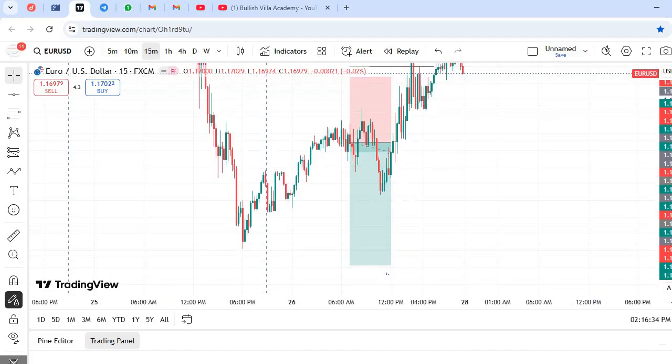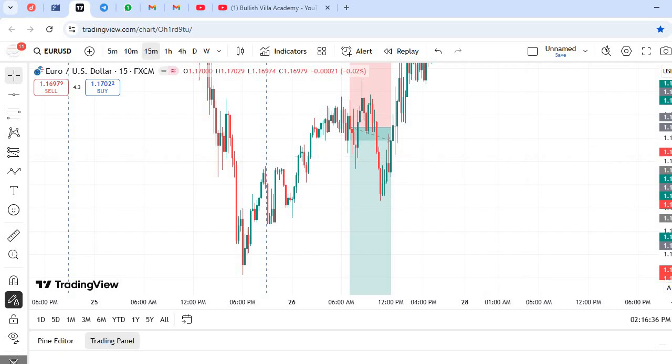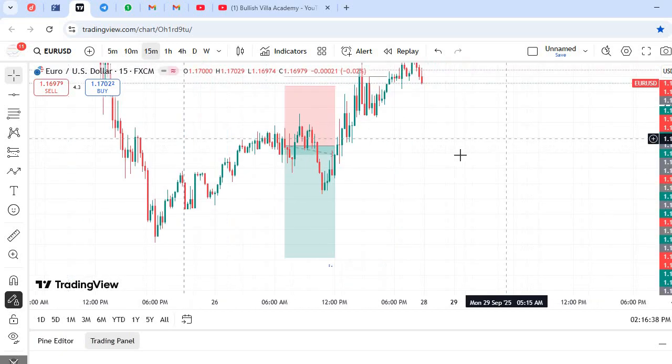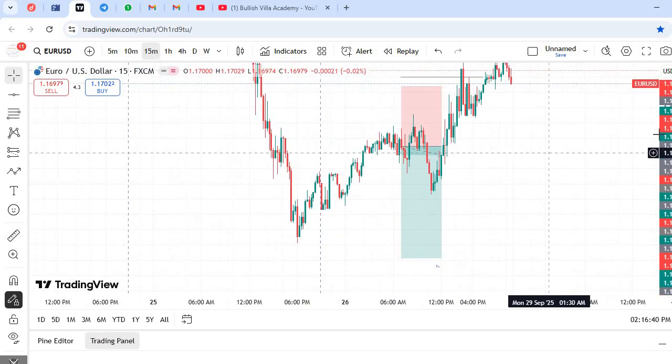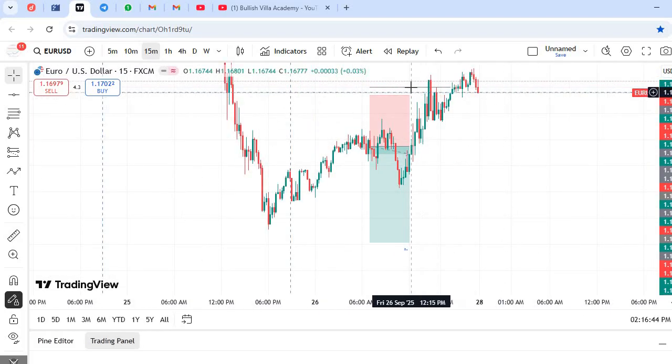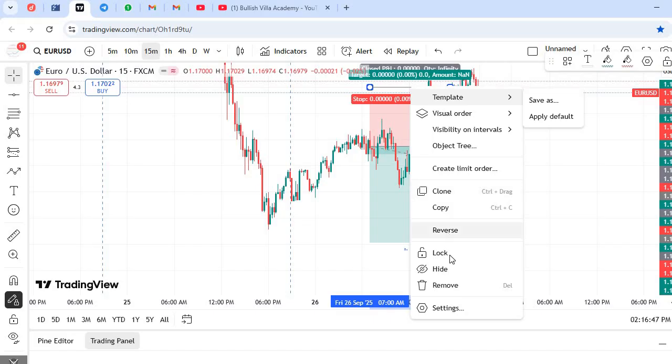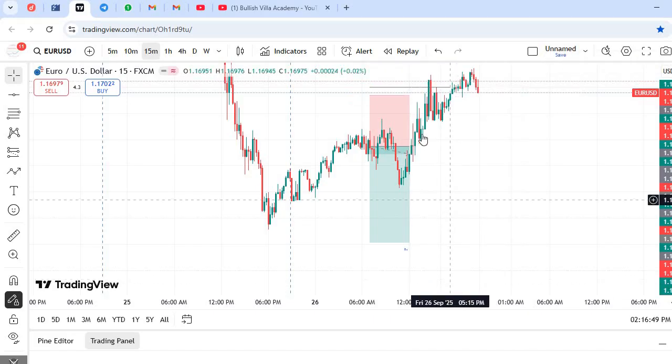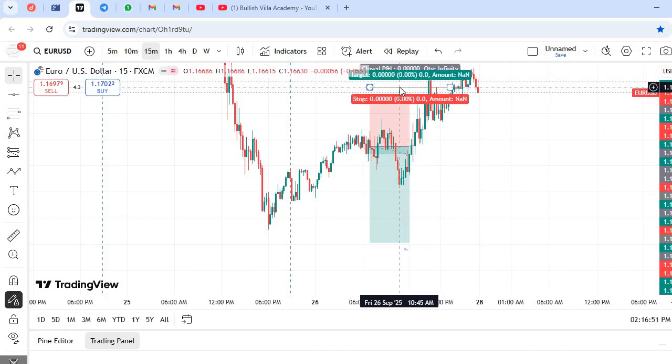Now let me explain the reason why I took a sell here. Because for every trade I take, I make sure that there's a reason why I'm taking it. I'm not just trading blindly. So I was expecting that the downtrend will still continue. That was one.